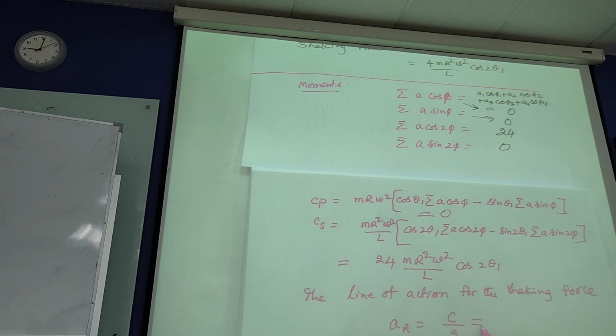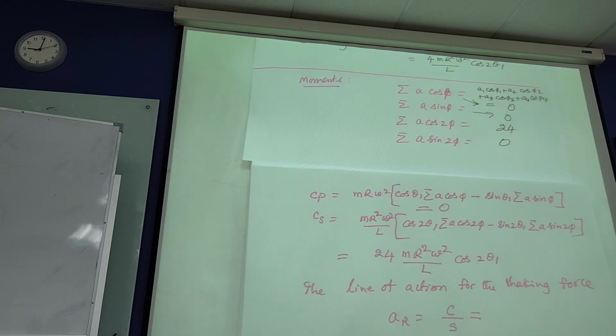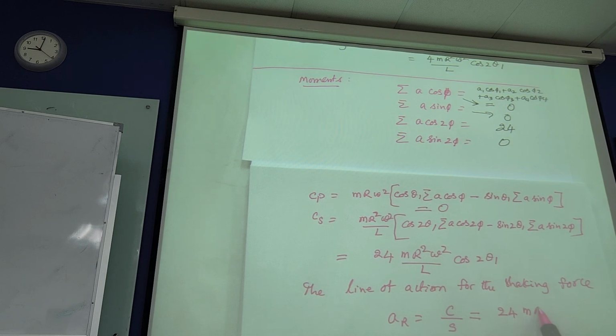So can you find out how much is this? So 24 m r square omega square cosine 2 theta 1 over 4.